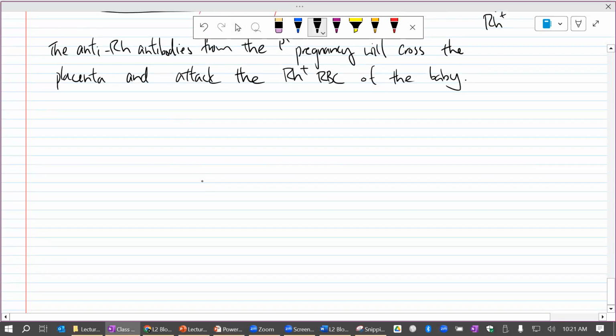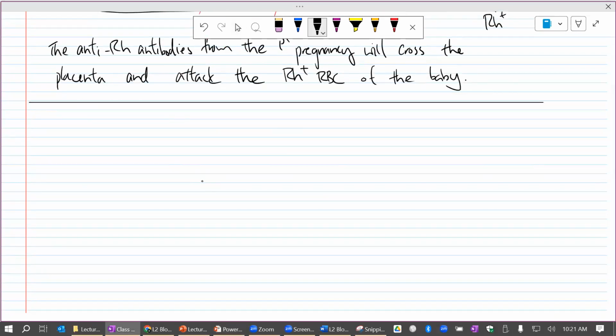Okay. So the next part of the notes: preventing Rh sensitization.